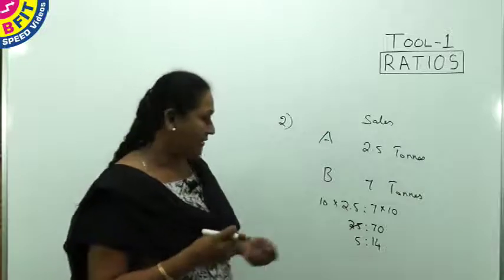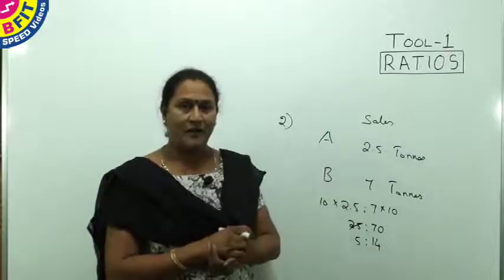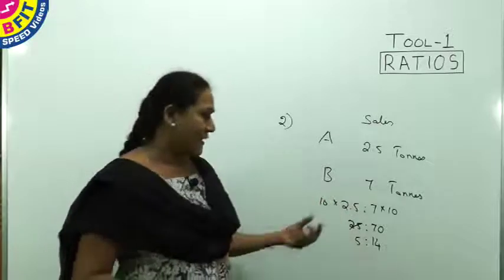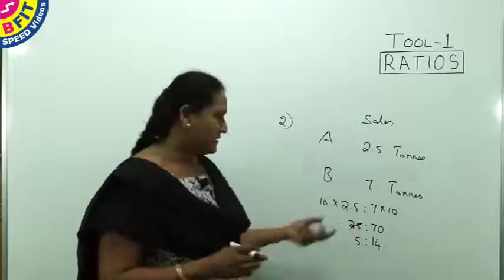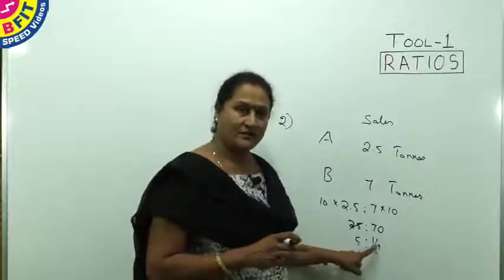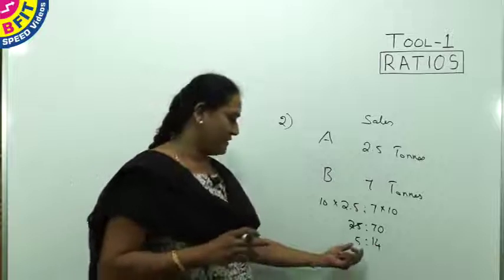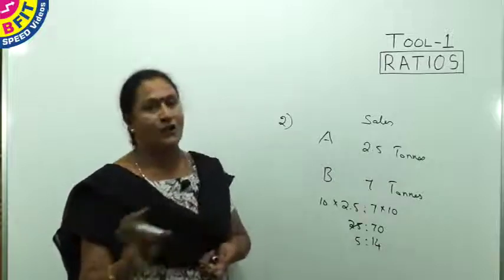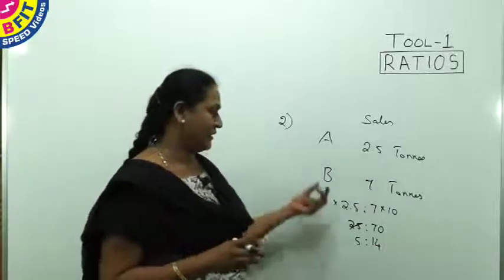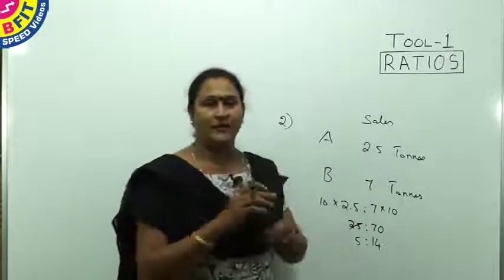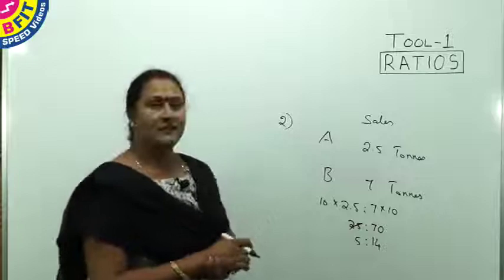Be careful: whenever you have decimal format, don't rush to choose none of these. Write it in integer format, simplify, and then check the options. If it is not there, then go for none of these. So the ratio of sales for A and B is 5 is to 14. Now we'll see the next concept.